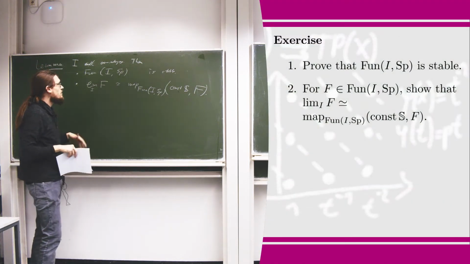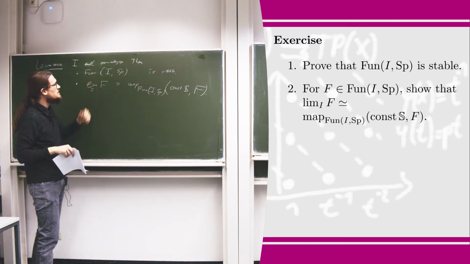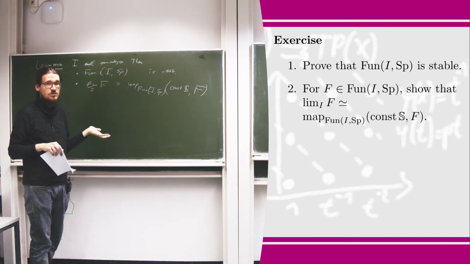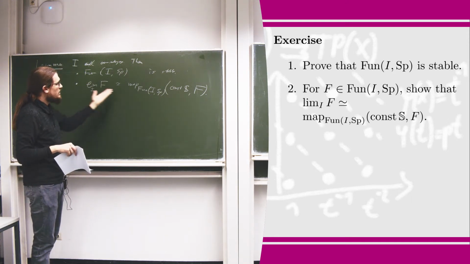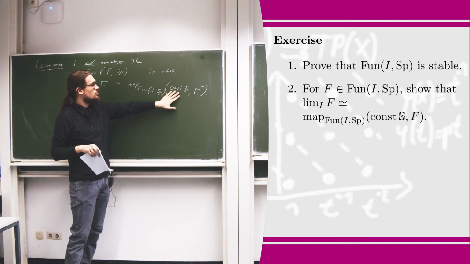But I'll give you a hint. The first statement is really just related to how you take limits and colimits in functor categories. And for the second fact, recall that this is similar to how we took limits in spaces.